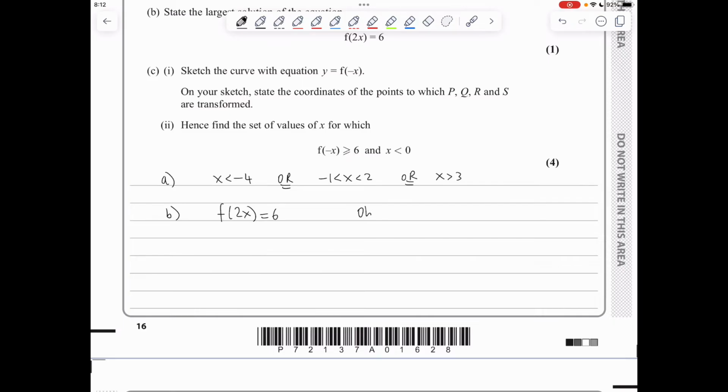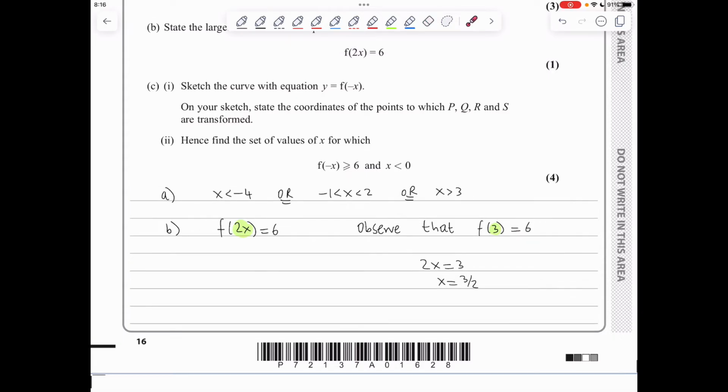So we observe that f of 3 is equal to 6, and because we are solving f of 2x is equal to 6, then we can set 2x to be equal to 3, and therefore 2x is equal to 3 and x is 3 over 2.